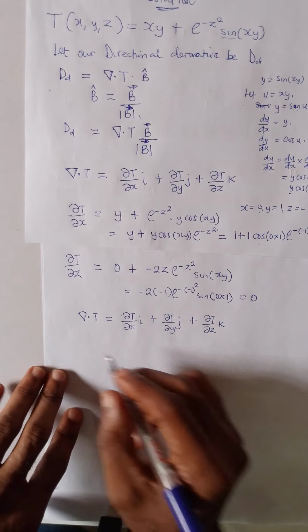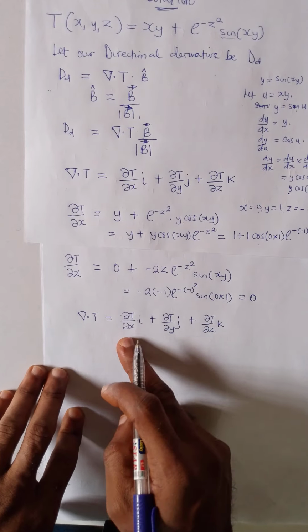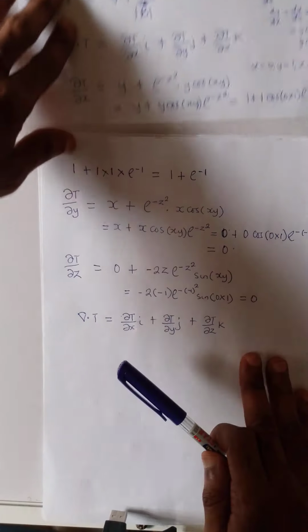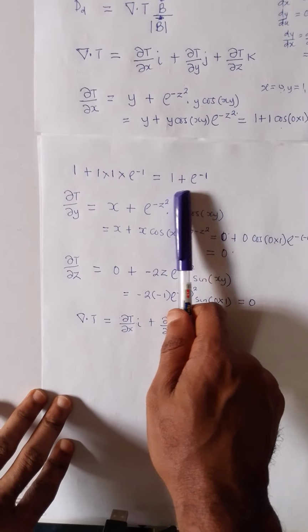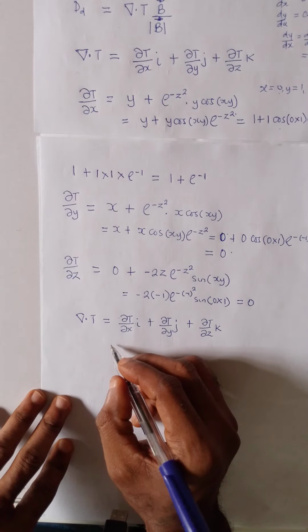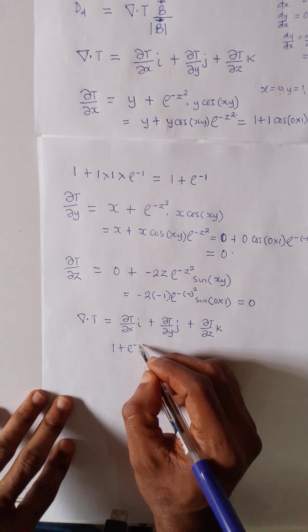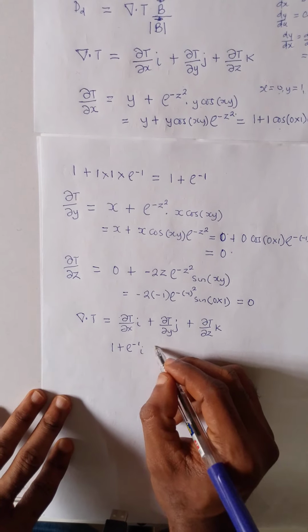Okay, so now that we've got in here, we know that our dt over dx is what? This is the value of our dt over dx. So we have 1 plus exponent minus 1 i plus.